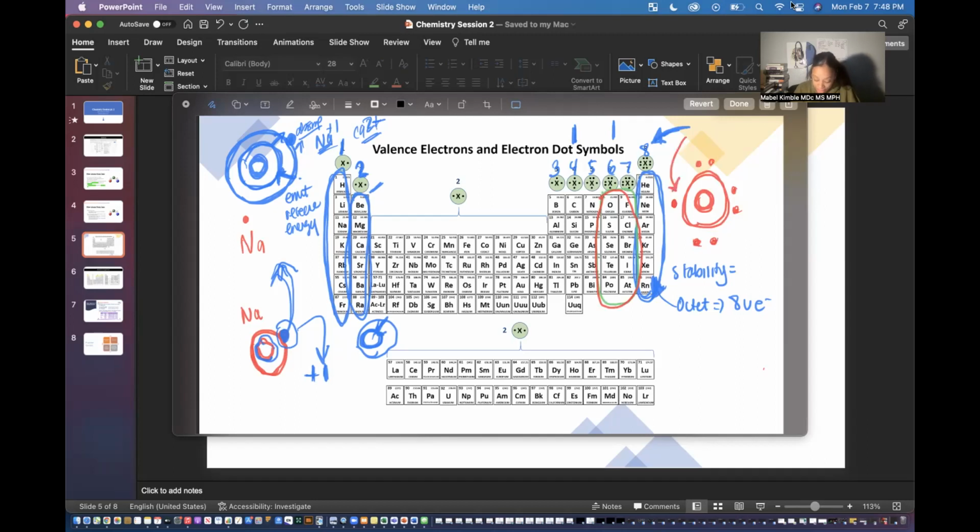Because that causes less energy, right? And so when it gains, chlorine becomes what? Right? So chlorine is going to become an anion, right? It's going to have that -1 that it gains, right? Does that make sense? And it's going to be the same for group 6, right?